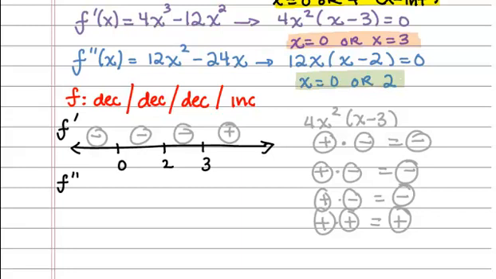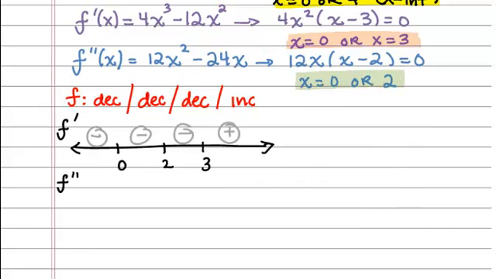Now let's go ahead and analyze the second derivative to be able to discuss the concavity of our function. So I'm going to take the factored form of our second derivative, 12x times x minus 2. And I'm going to plug in a number less than 0. So let's choose -1, for example.